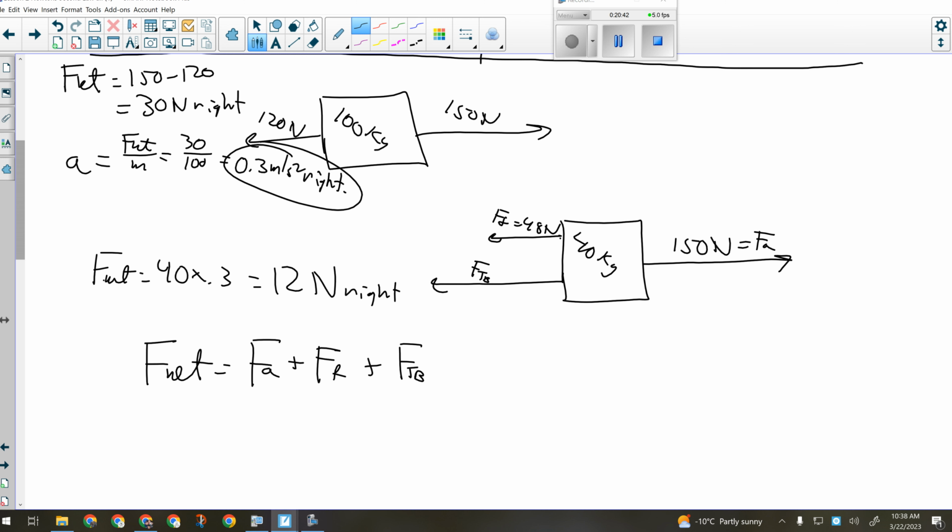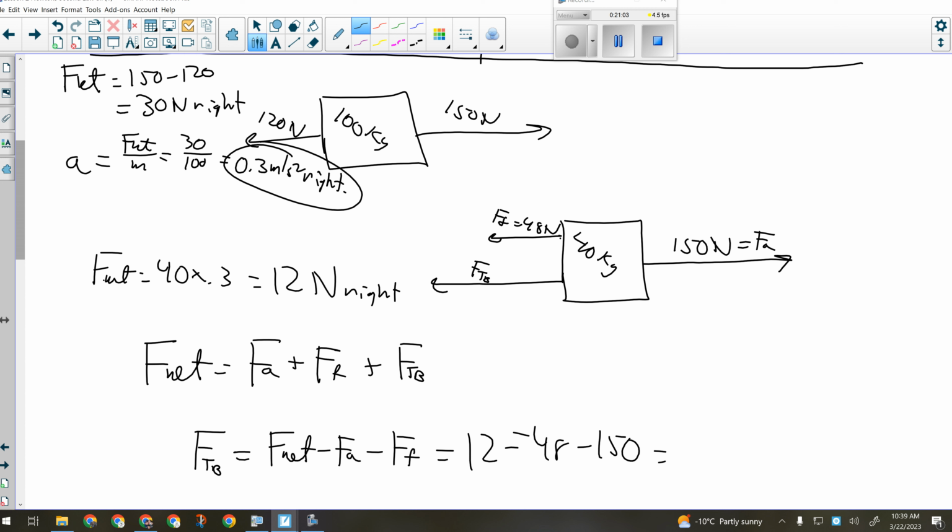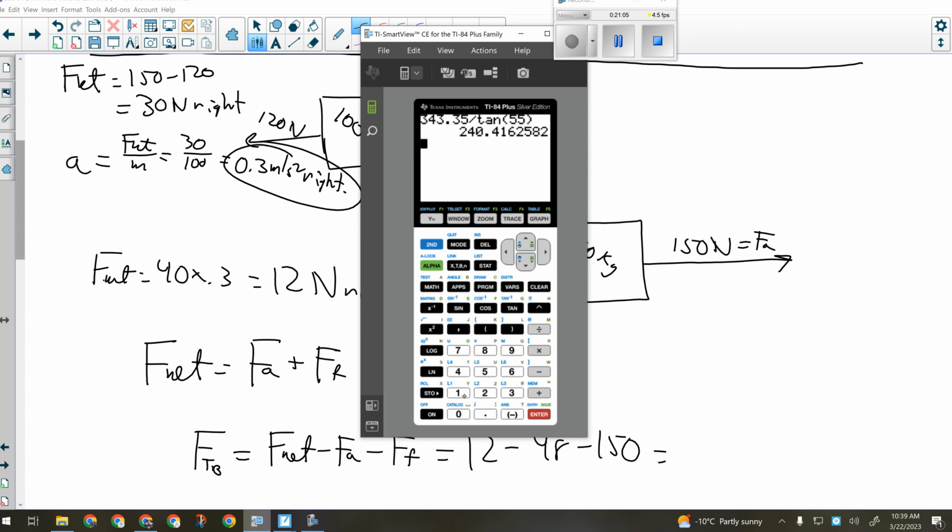So I'm going to isolate the force of tension in B. I'm going to say that equals F net minus the applied force minus the force of friction. So that's going to mean 12 newtons minus negative 48 newtons minus 150 newtons. Okay, so the tension in that rope is 90 newtons.